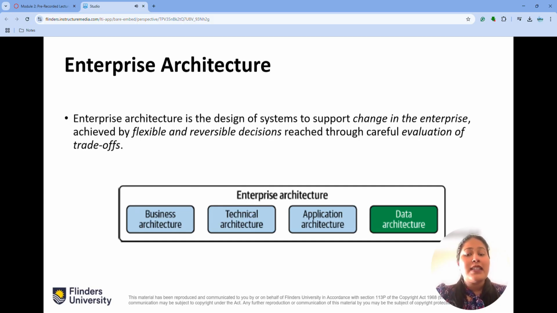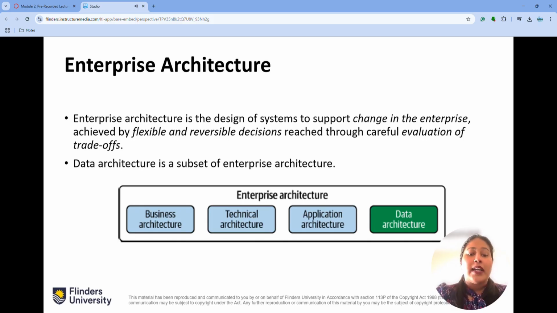A subset of this is data architecture, which focuses on structuring, managing, and utilizing data effectively within the enterprise. The key takeaway here is a well-designed data architecture ensures scalability, flexibility, and performance while making trade-offs in design choices.